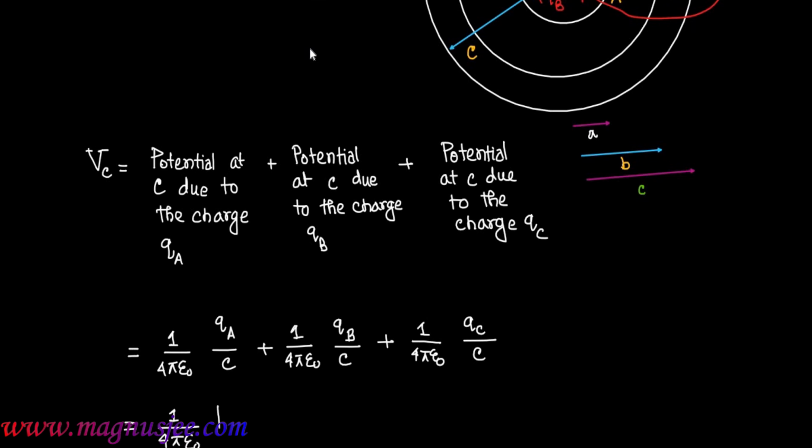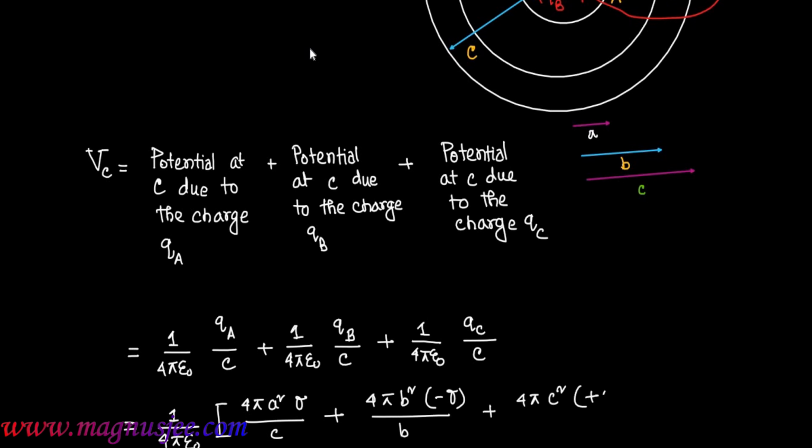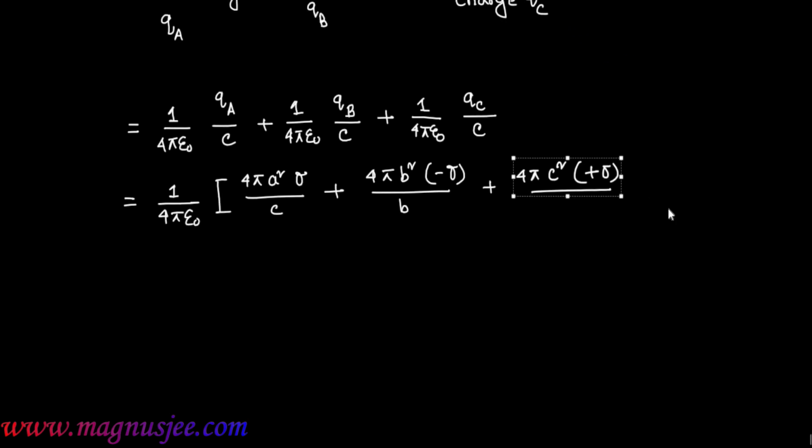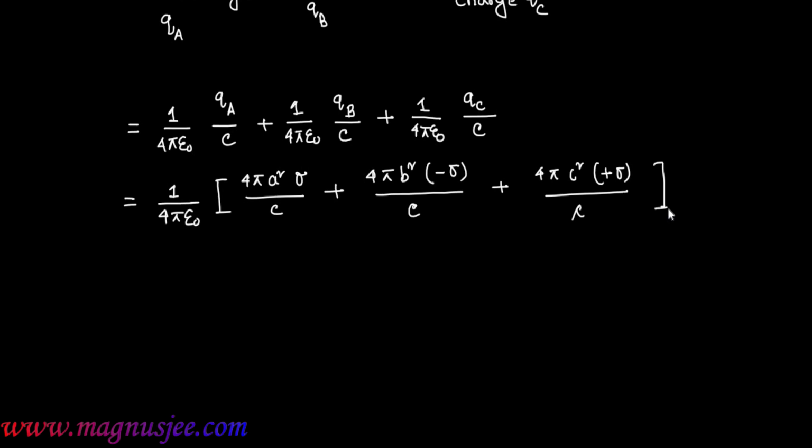1 by 4 pi epsilon 0 is taken common. Under bracket 4 pi a square sigma divided by C plus 4 pi b square minus sigma divided by C plus 4 pi c square plus sigma divided by C. In the second term, it should be 4 pi b square minus sigma under bracket divided by C. So finally we get sigma by epsilon 0 into a square by C minus b square by C plus c.